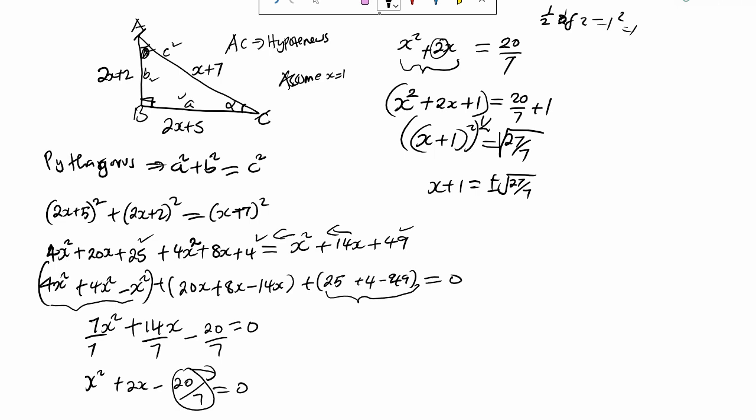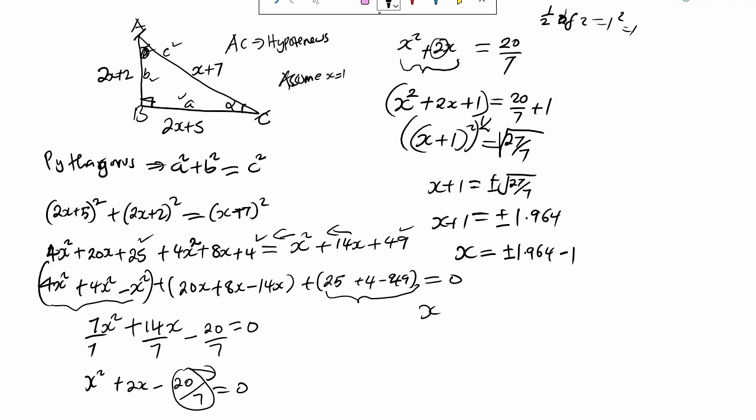And if you simplify the square root of 27/7, this one gives you plus or minus 1.964, and of course x plus 1 on my left hand side, so that the value of x becomes either plus or minus 1.964 minus 1. Right?